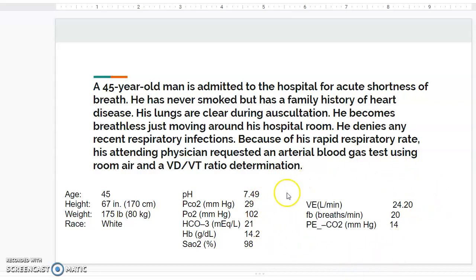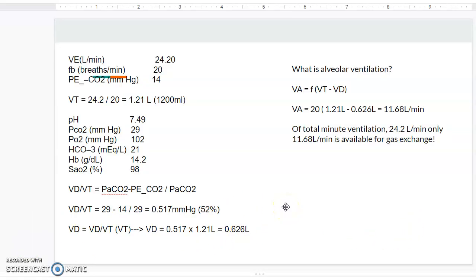Next, we measured his minute ventilation and his exhaled CO2. His minute ventilation was 24.2 liters per minute. He did 20 breaths per minute during that measurement, and his exhaled CO2 was 14. So let's plug in our numbers and calculate this out. The first thing we need to do is find our tidal volume.